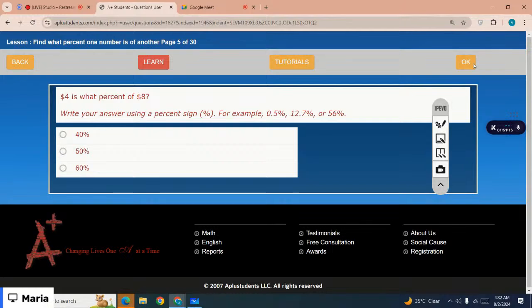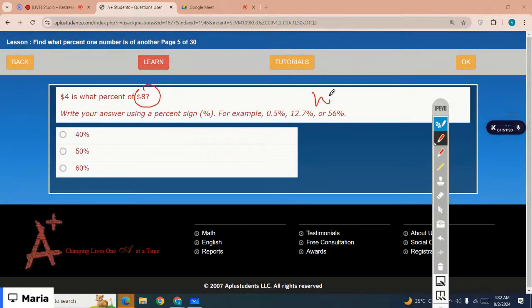The correct option is 50%. Basically the question is $4 is what percent of $8, right? So basically the whole number is 8 and 4 is the part of 8. How much part you have to calculate, right?